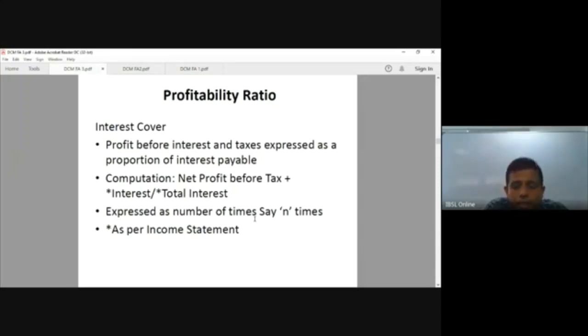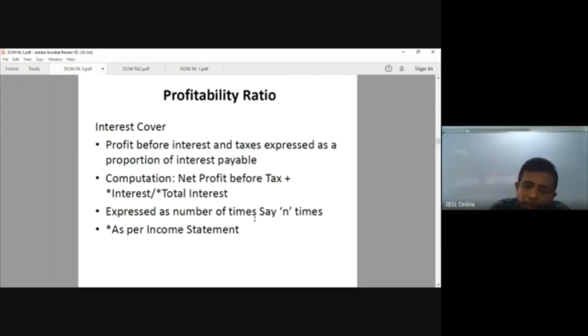Then interest cover. This is also a profitability ratio. Here you take the profit before interest and taxes and express it as a proportion, not a percentage, of the interest payable. You take the interest and the net profit before tax and before interest.